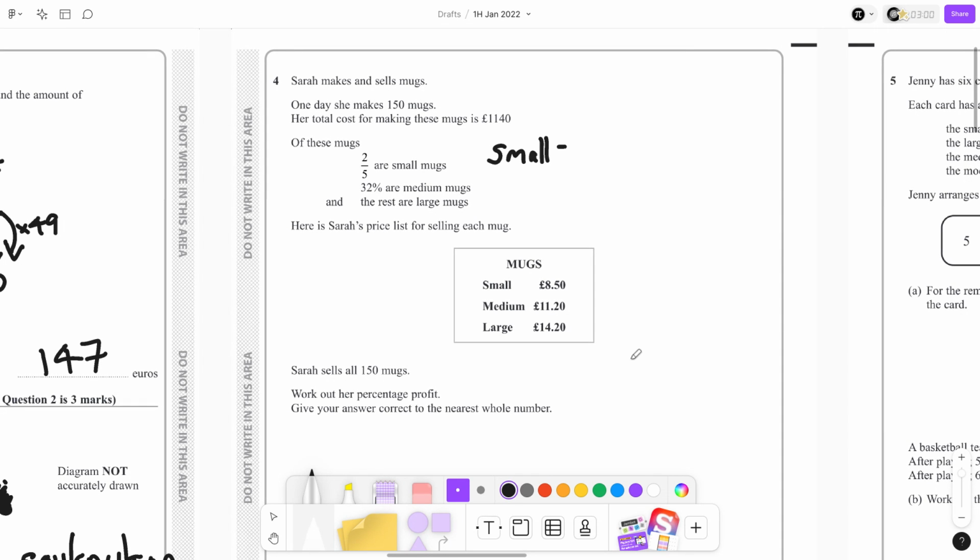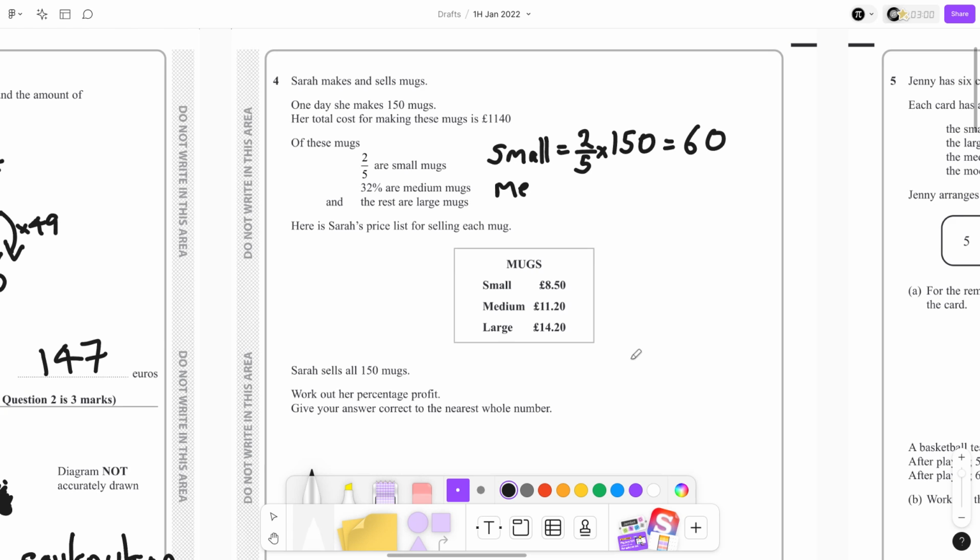So the small is 2/5 of 150. So that's 150 divided by 5, which is 30, times by 2, which is 60.